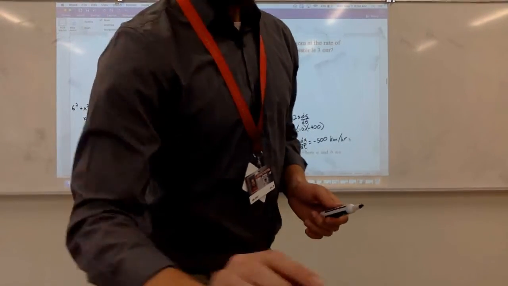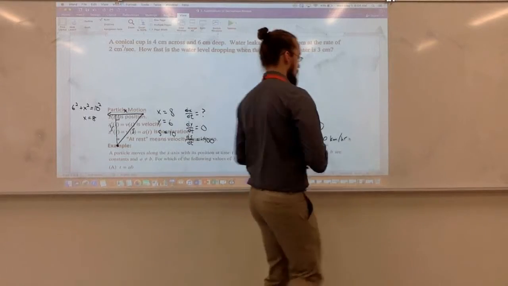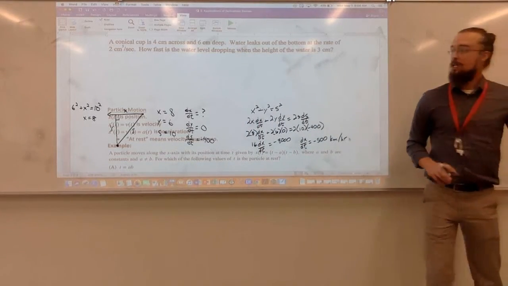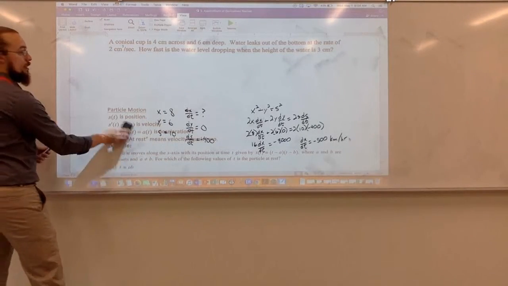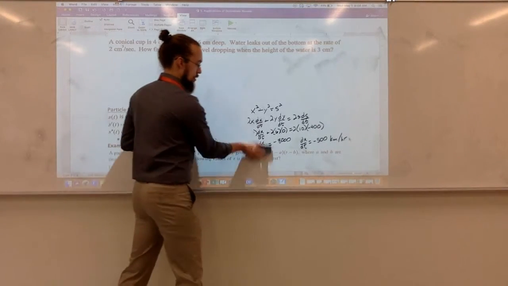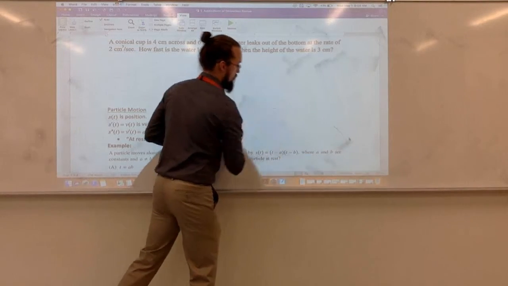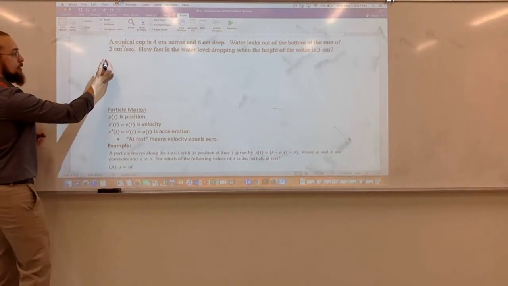We've got a conical cup that's 4 centimeters across, 6 centimeters deep. So before we go any further, let's sketch that out.